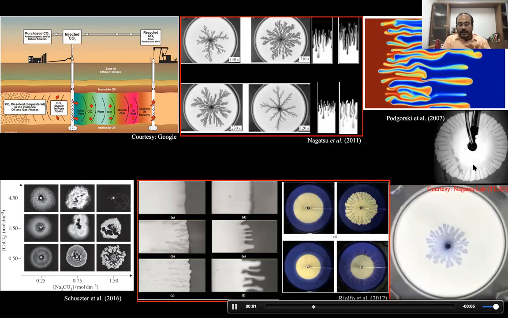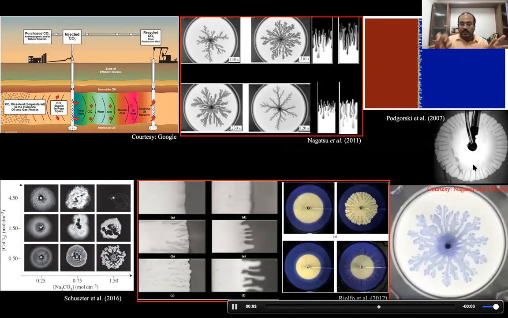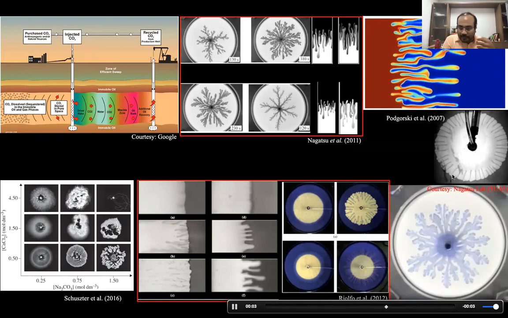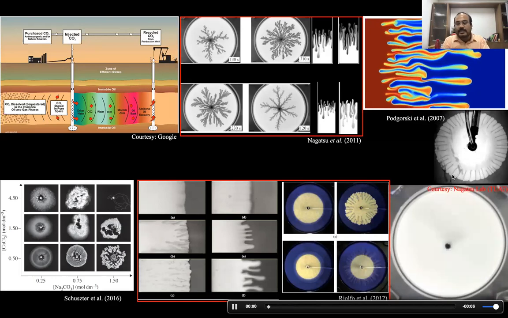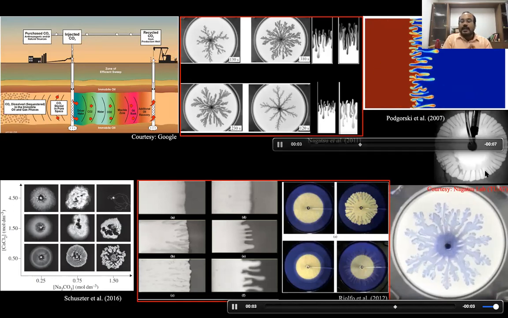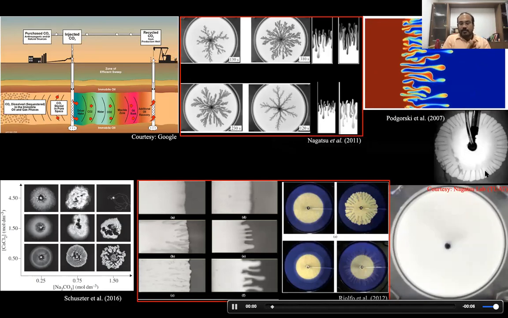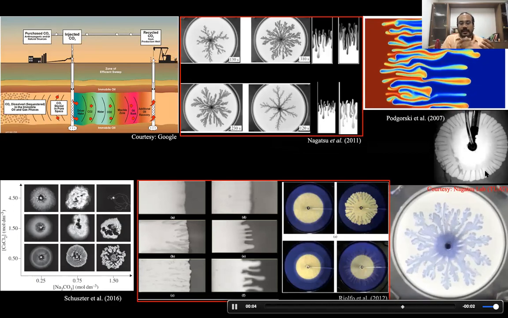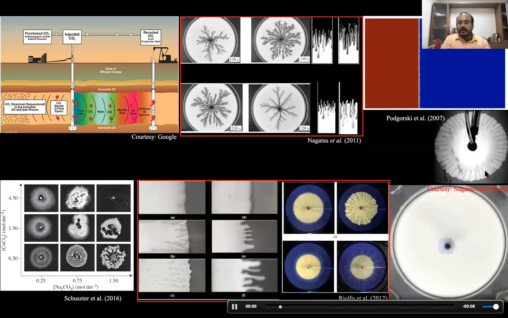In one case, the fingers go outward from the yellow region, which is the reactant that is displacing the fluid. In the other case, very thin black fingers are forming inside the reactants in the white region. So there are many chemical reaction processes that are important to understand why these fingering patterns look different in both a qualitative and quantitative fashion.